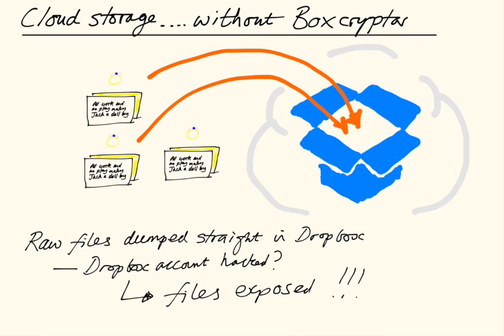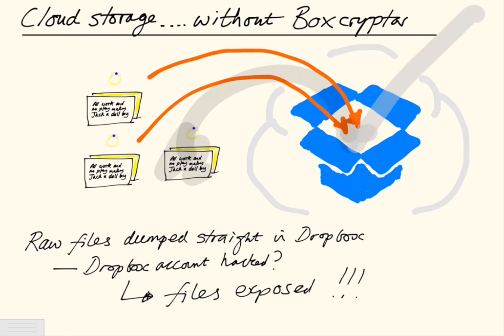So basically, this should be reasonably intuitive, but if you store your contents in Dropbox without any form of encryption whatsoever, then effectively you are just taking them and dropping them in a box. Just think of it like a box on a server somewhere, and they claim the box is secure, but once in a while your Dropbox account might get hacked.